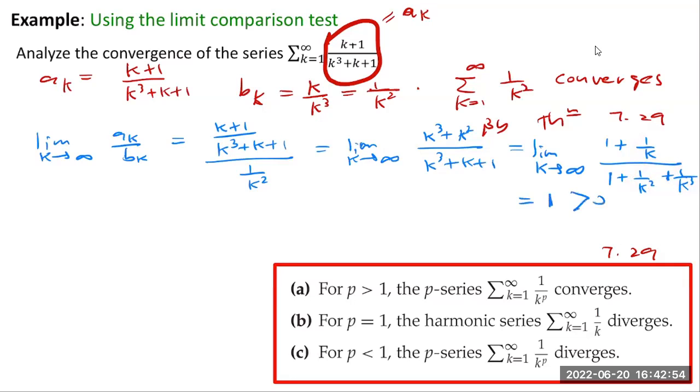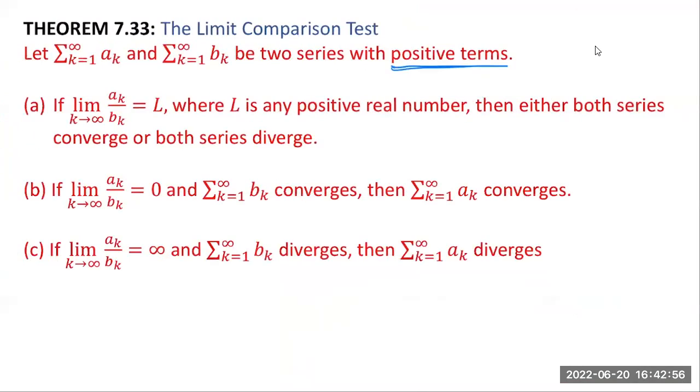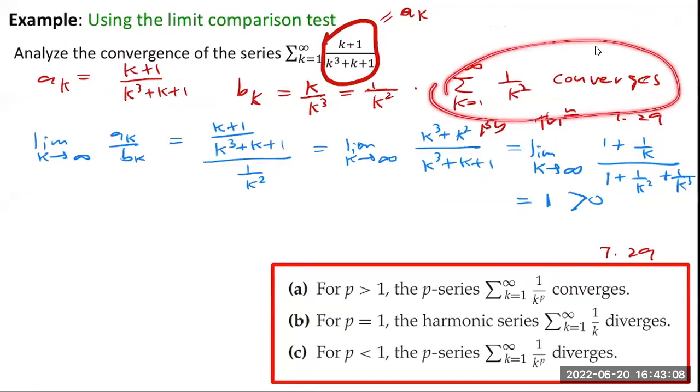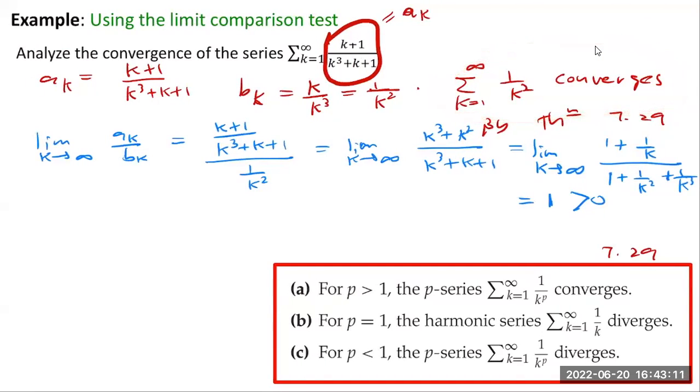1 is a positive number. Just like in this theorem, the limit as k goes to infinity of ak over bk is a positive number. That means by the limit comparison test, since this series converges, your series AK also converges.